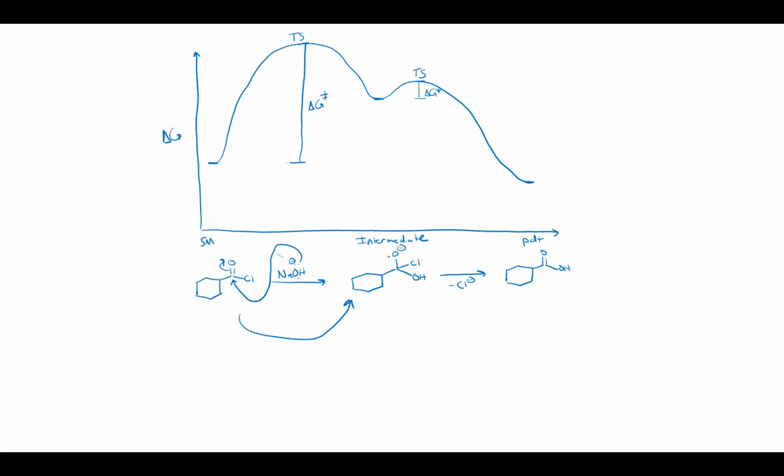We get to the intermediate, which is not as thermodynamically stable because it's higher energy, but also not as kinetically stable because the activation barrier is all of a sudden much lower. And so very quickly, we're going to see that the loss of the chlorine results in the final product.